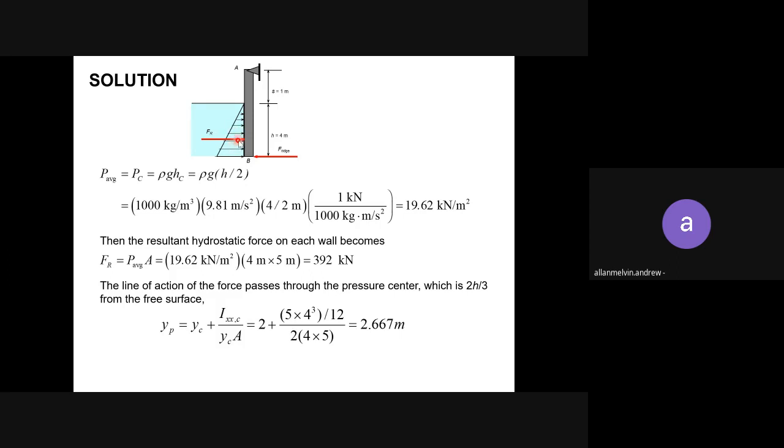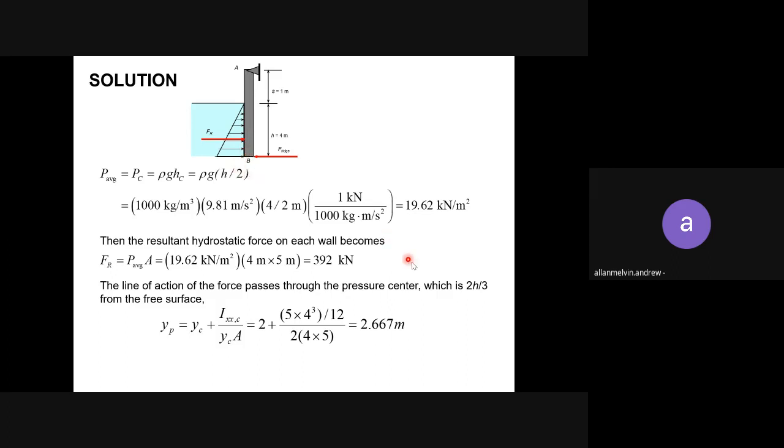So I already explained earlier why: because more line of force, the larger line of force will be at the down part because of gravity. So FR, by our understanding, is below the center of this part.